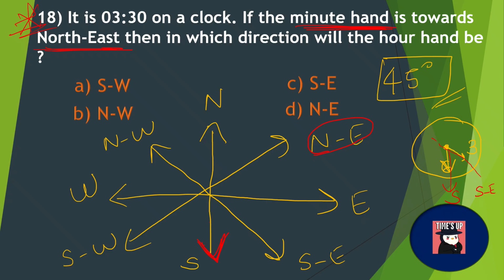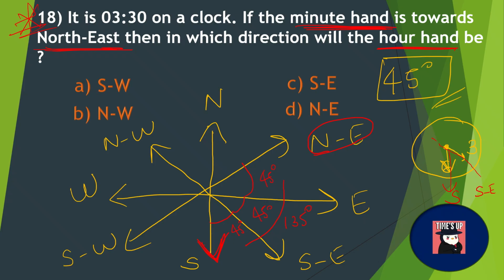So from south, if you go in the anti-clockwise direction, from south to southeast it makes an angle of 45 degree. Again from southeast to east, 45 degree. Then from east to northeast, 45 degree. Now we reach from south to northeast by how much angle? 45 plus 45 plus 45. How much will it be? 135 degree. In anti-clockwise direction we move. Correct?